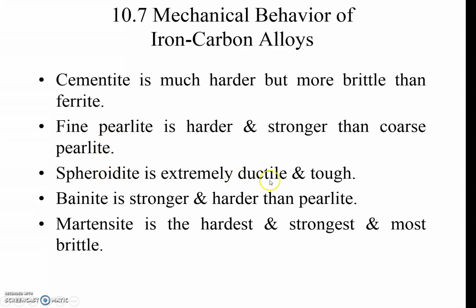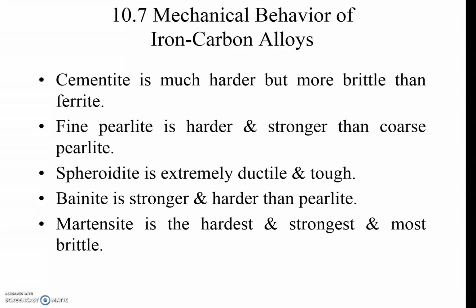Spheroidite is extremely ductile and tough. Well, you expect more ductility in spheroidite because this is a reheating process. You're heating up tempered martensite, you're heating up bainite or pearlite to just below the eutectoid temperature.